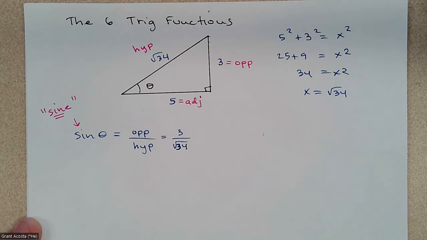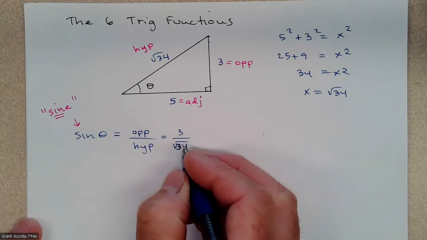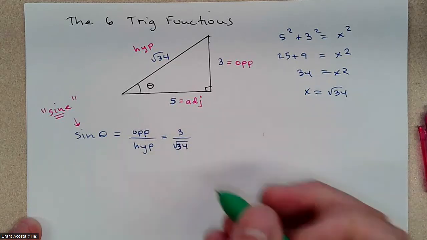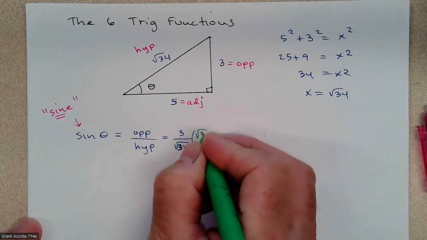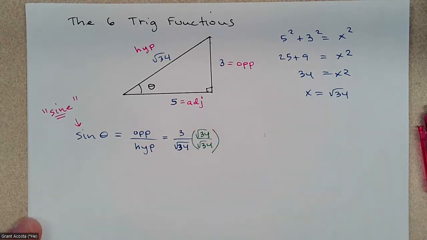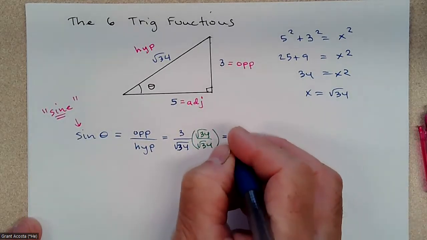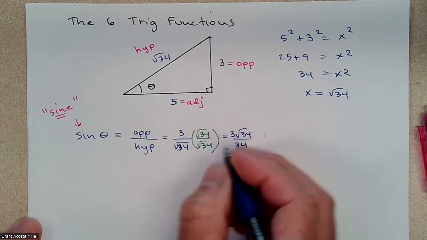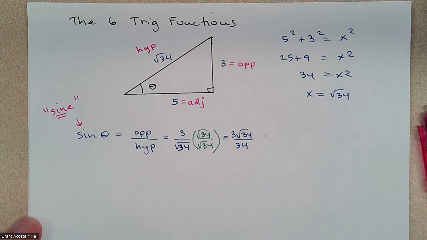Nobody cares if you have a square root in the denominator. So this is totally fine. Of course, if we wanted to rationalize it, we could multiply top and bottom by root 34. And so this could also be thought of as 3 root 34 over 34. Remember, the square root times itself is the same thing.